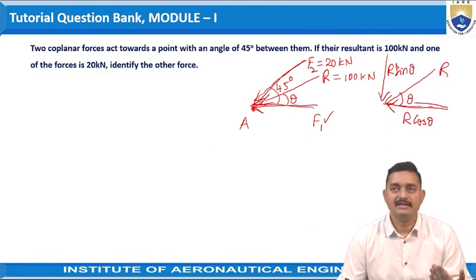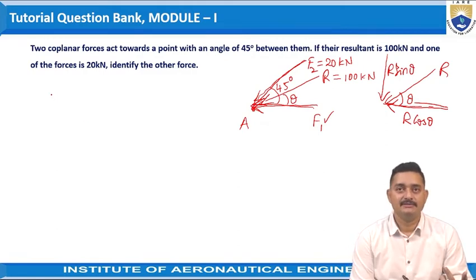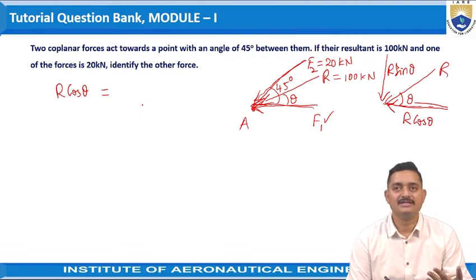So let us first write the horizontal components in the system. R cos theta will be equal to the horizontal forces of the system. What are the horizontal forces?